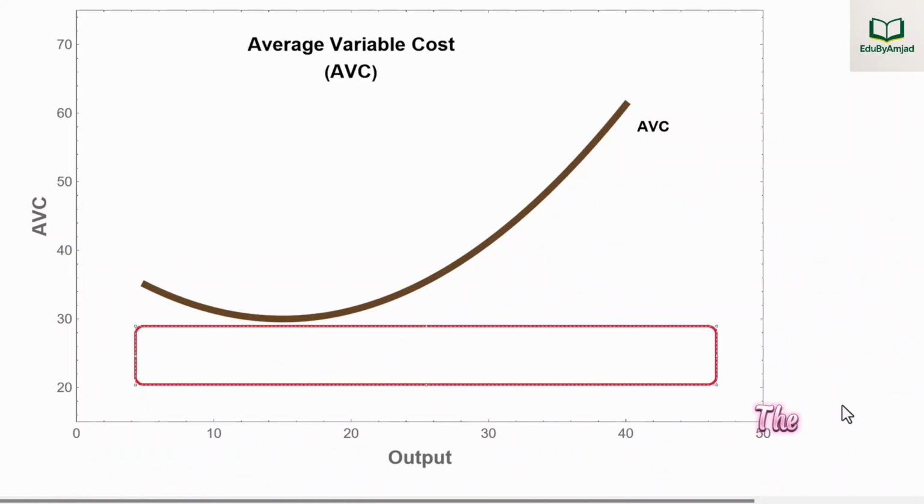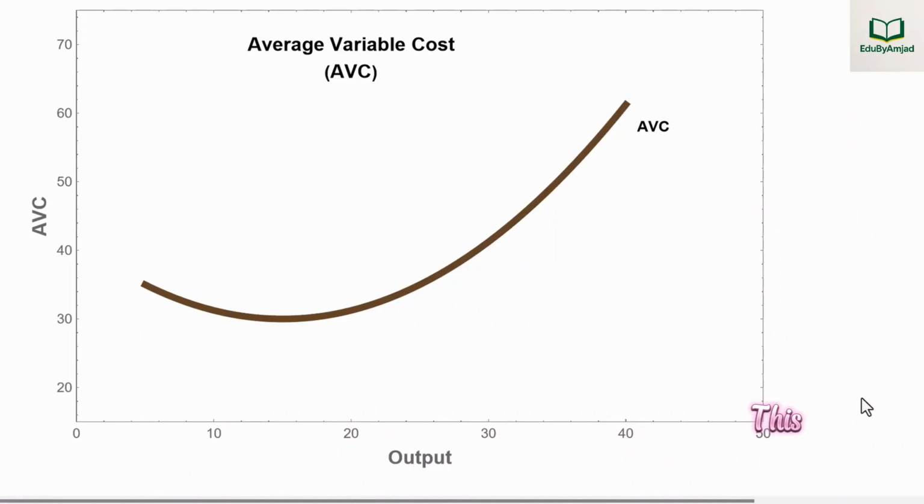If price is below the minimum AVC, then price is below AVC at every output level. That is when shutdown becomes optimal. So now we need to find the minimum of AVC. This function is U-shaped, so it has a single minimum point.